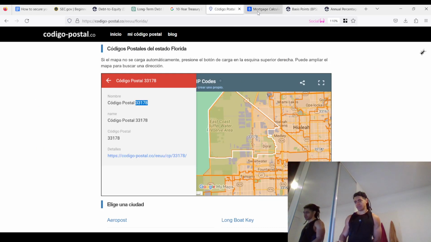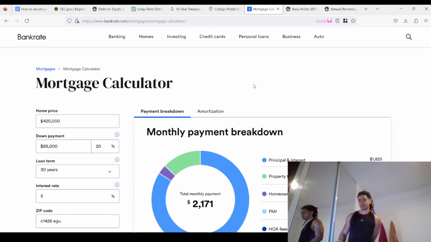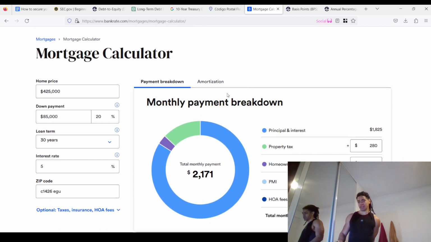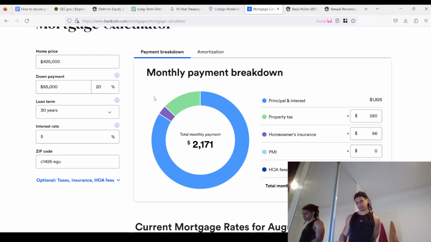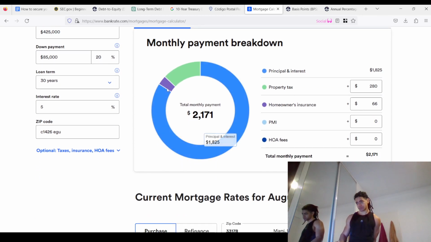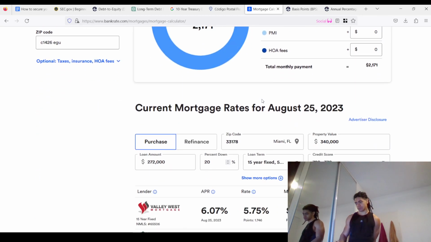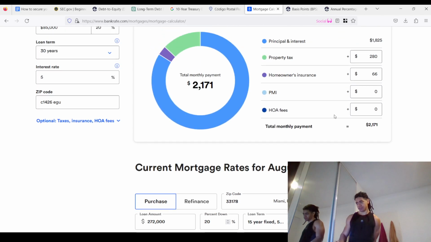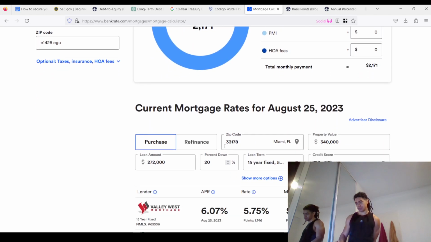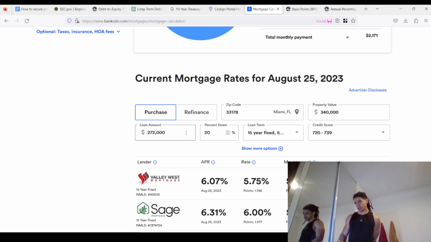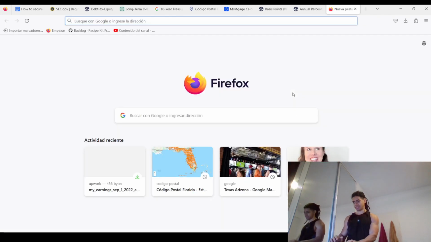Interesting. So I put here some calculator to a 30%. Based on this, the loan amount, property value. I don't think those properties are at that price.